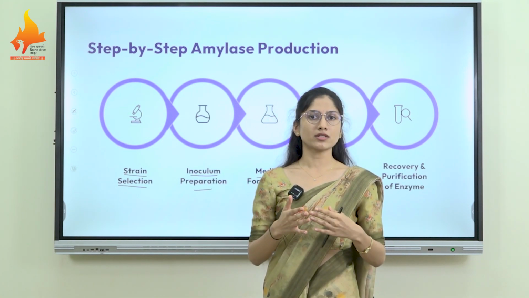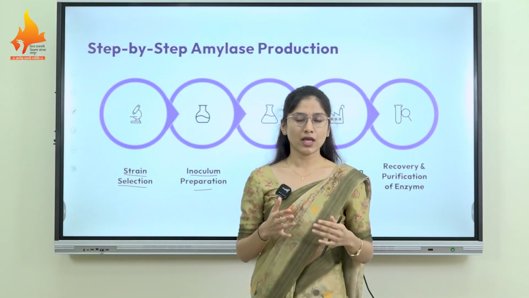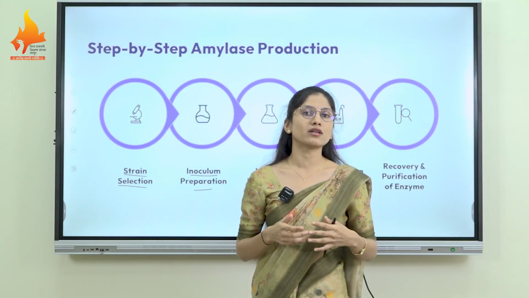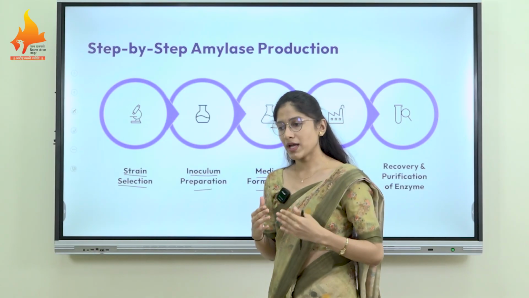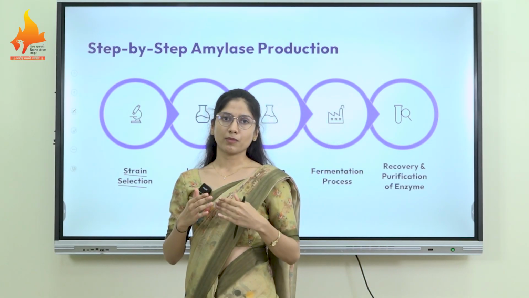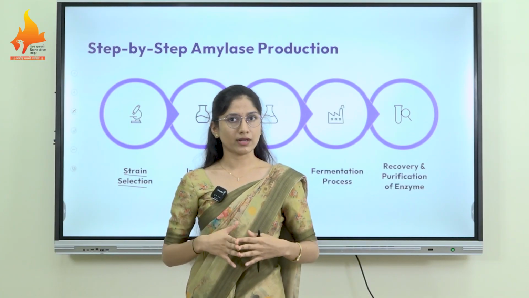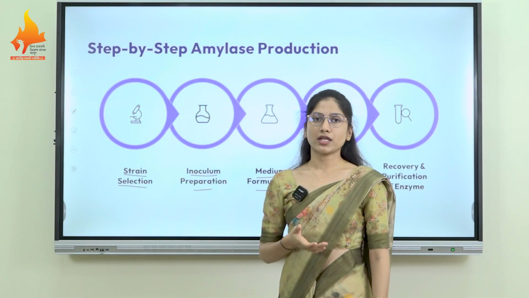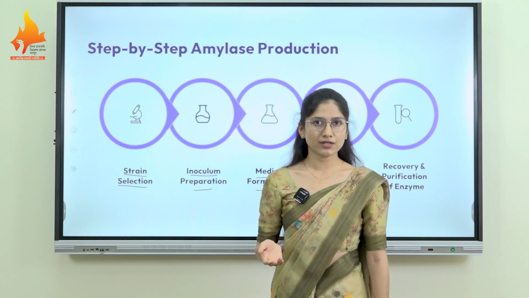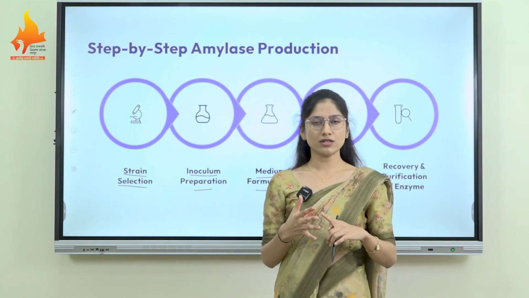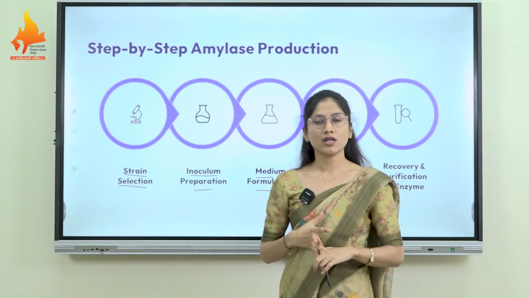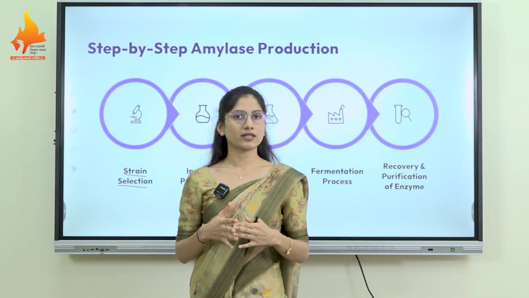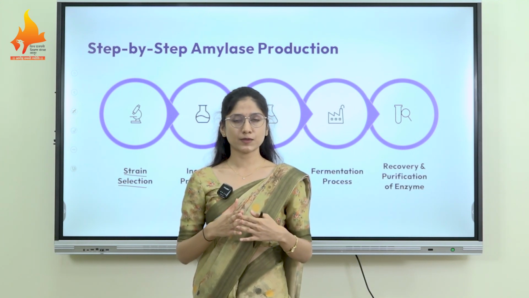Strain development or strain improvement is the process where we modify the genetic makeup of the industrial microorganism to enhance its desired properties. For this, we can use horizontal gene transfer techniques including conjugation, transformation, and transduction. Also, we use classical methods including UV light and chemical mutagenesis.